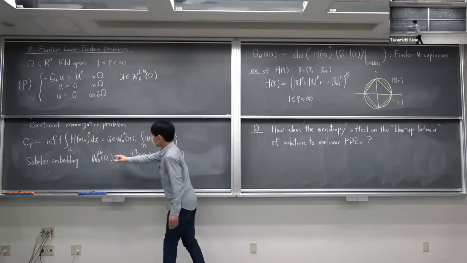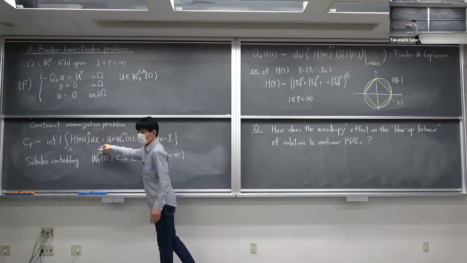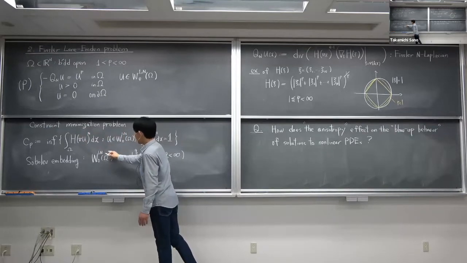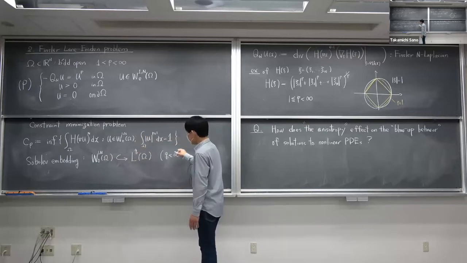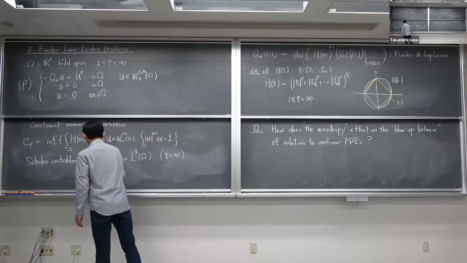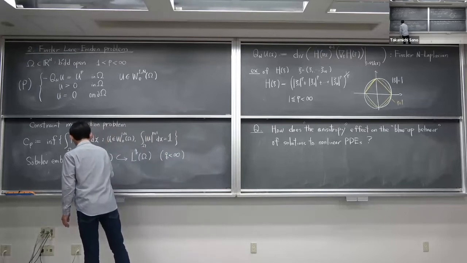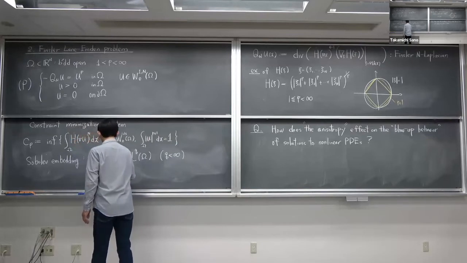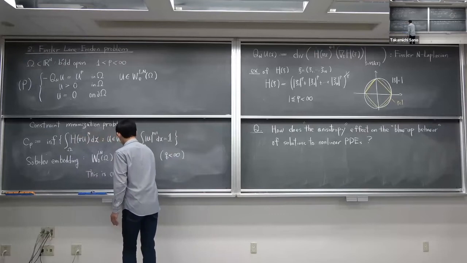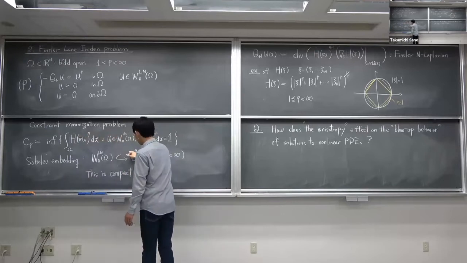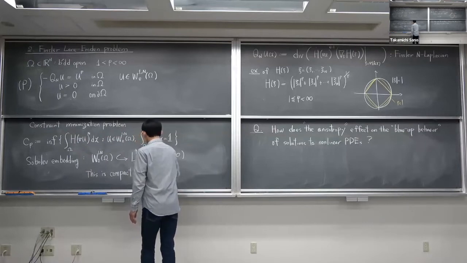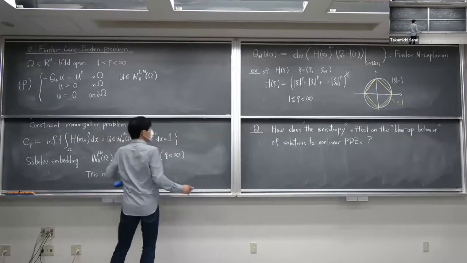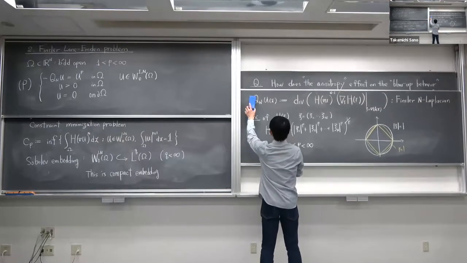But in this case, the dimension and the integrability n coincide, so W^{1,n}_0 of omega can be embedded in L^q of omega for any finite q, and the embedding is compact, which means that the identity map is a compact operator. By using this compactness, we can get at least one minimizer.